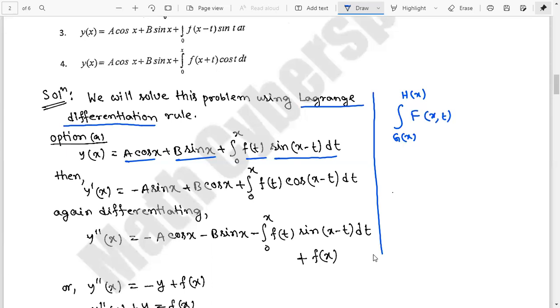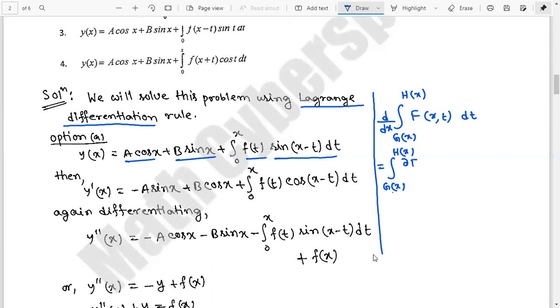F is a function of x and t, and we integrate with respect to t. Now we have to differentiate this total integral with respect to x. How can we differentiate it? The method is: first, keep the integral as it is, with limits g(x) to h(x), and differentiate f with respect to x.